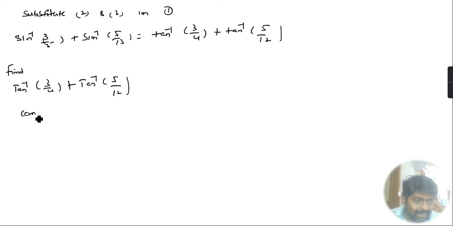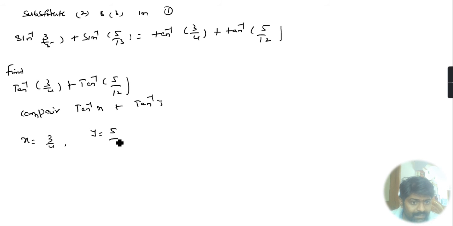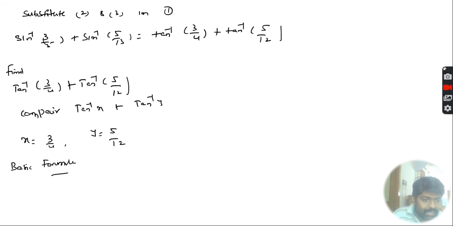Compare, it is similar to the previous problems. Compare tan inverse x plus tan inverse y. What is the x value? X value is equal to 3 by 4 and y value is equal to 5 by 12. Okay, the basic formula, what is the basic formula?